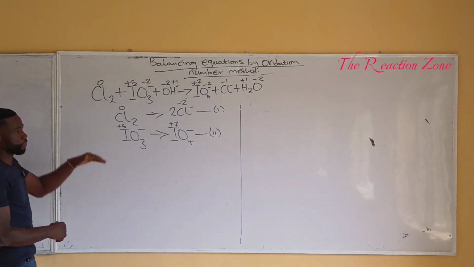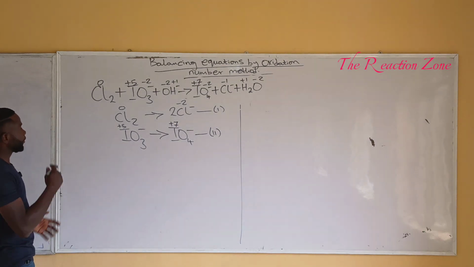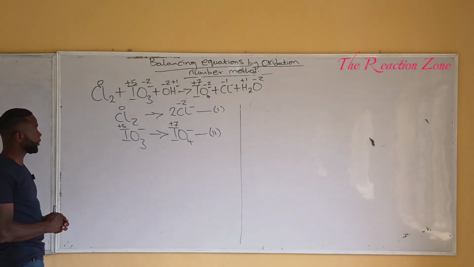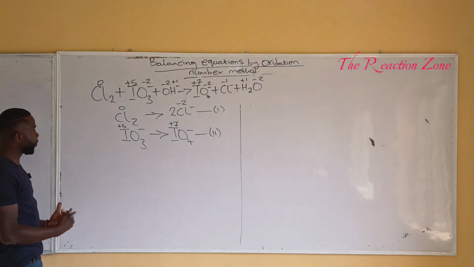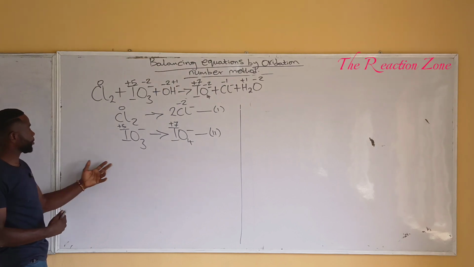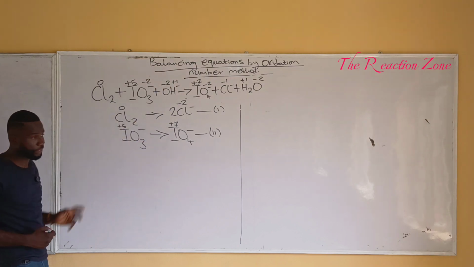So if you look at equation 1, you can see that the change in the oxidation number of chlorine is by 2 units. And if you look at equation 2, you will also see that the change in the oxidation number of iodine is also by 2 units.